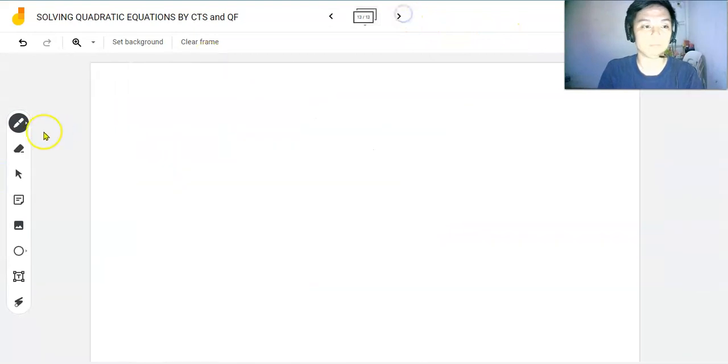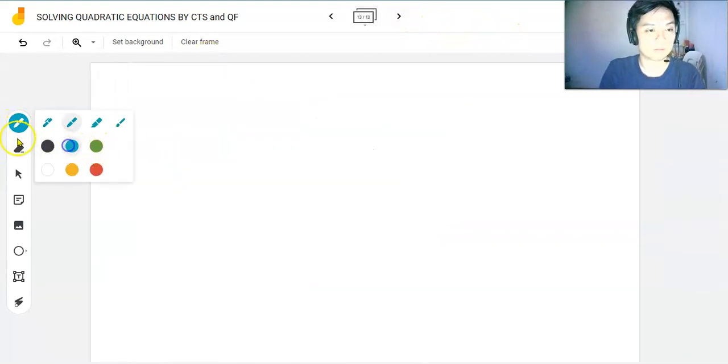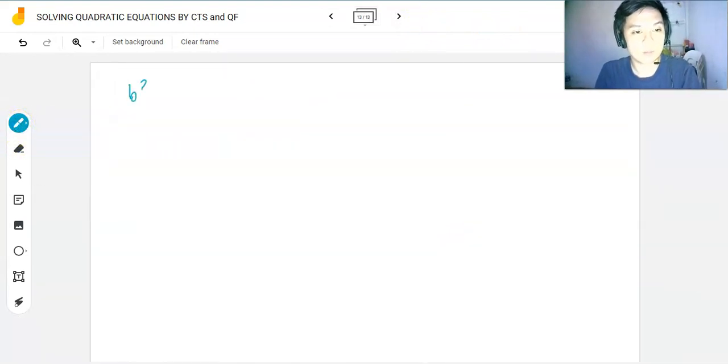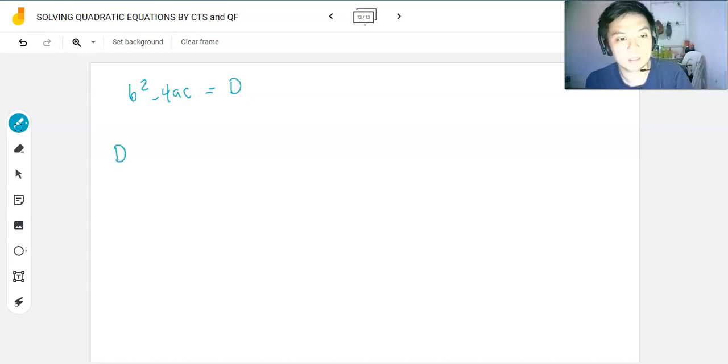Ayan. So, isummarize natin yung naging observation natin. So, yung b squared minus 4ac, okay, let's just represent it as the capital D. So, the discriminant of any quadratic equation can fall in any one of the following. D is greater than 0, meaning positive, and perfect square.